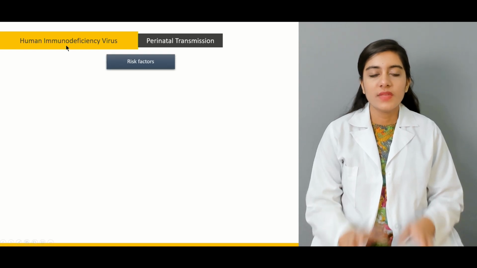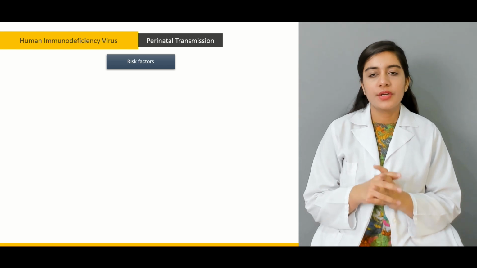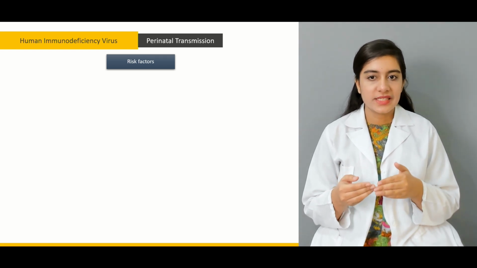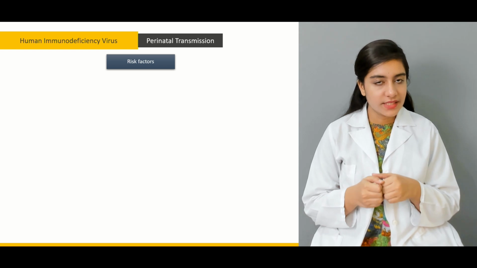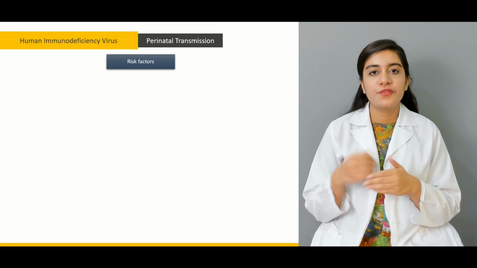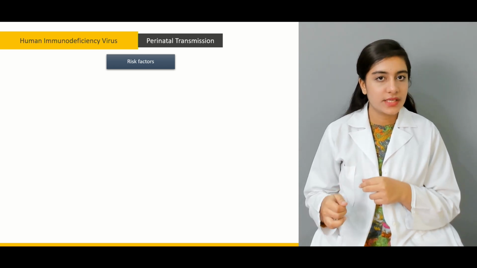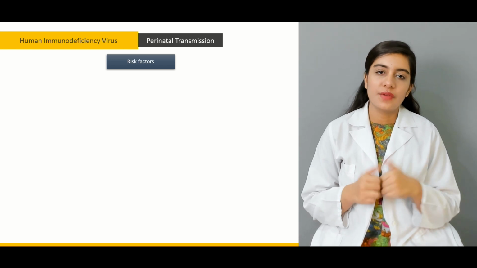Okay. The next one is the human immunodeficiency virus. Human immunodeficiency virus is a disease that can be transmitted to the fetus in three ways. The first one is via the placenta, as we have followed in all the previous diseases.